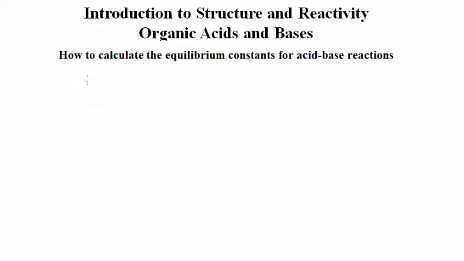Now we're going to go over how to calculate the equilibrium constants for acid-base reactions. So not only can we use the pKa values for each acid to estimate the position of equilibrium, but we can also use them to calculate an equilibrium constant for that reaction.